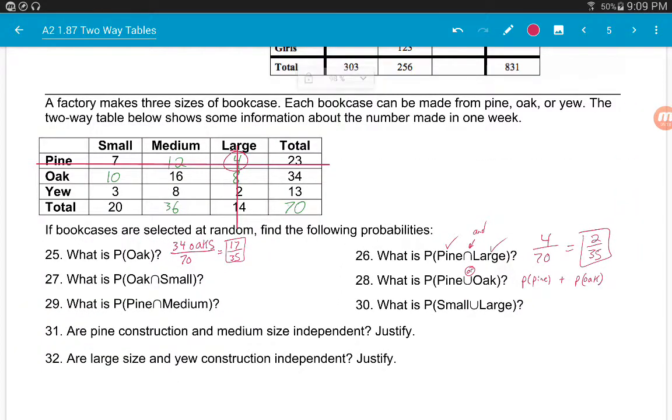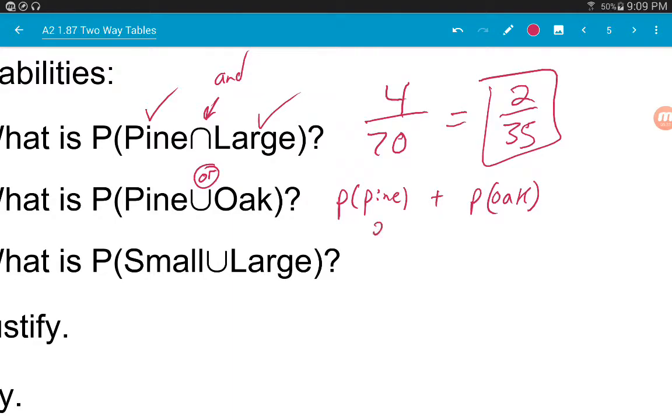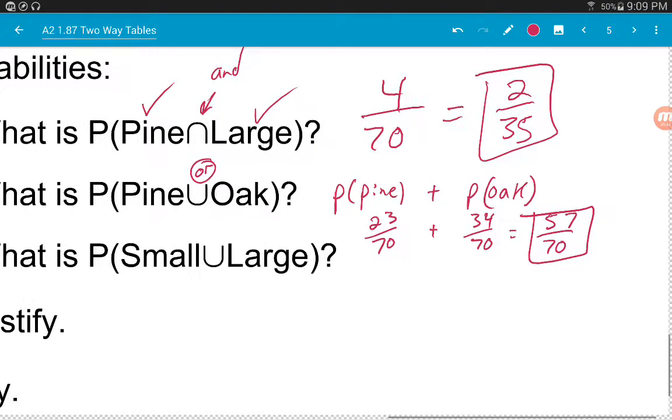There are 23 pines and there are 34 oaks. So if I add those together, 23 over 70 plus 34 over 70, I get 57 over 70, and I believe that's as simple as that's going to get.